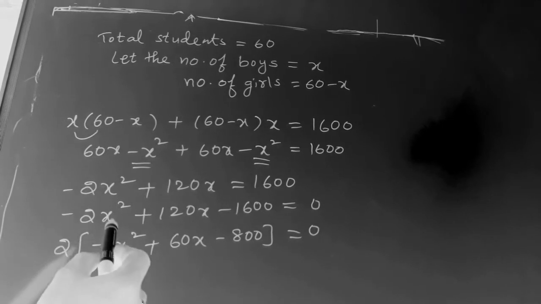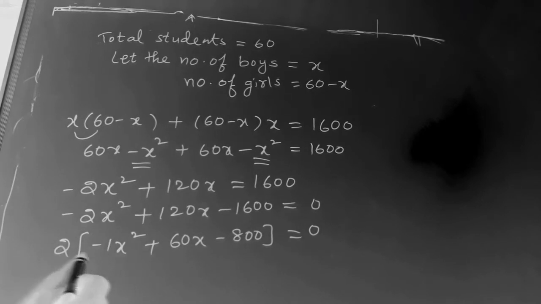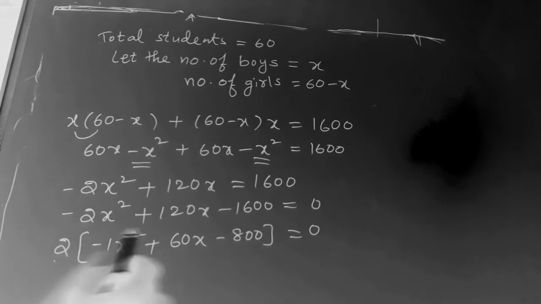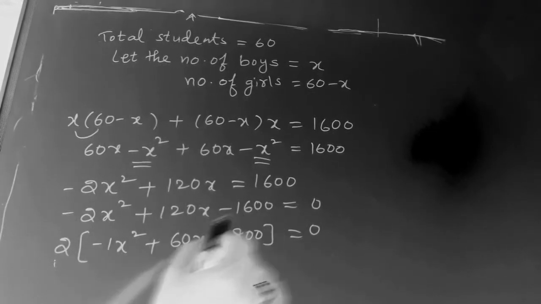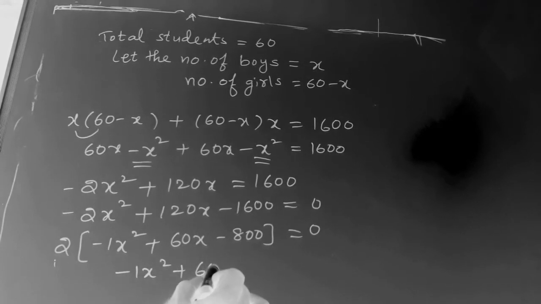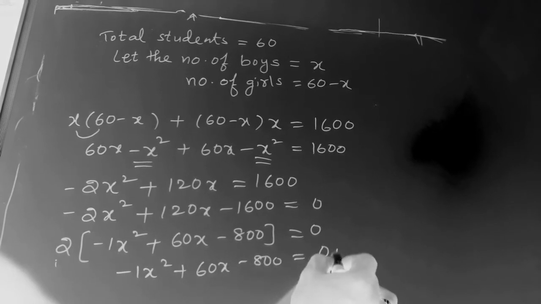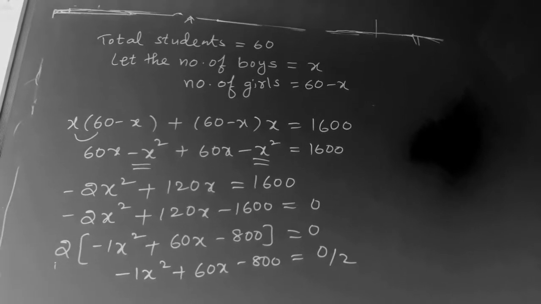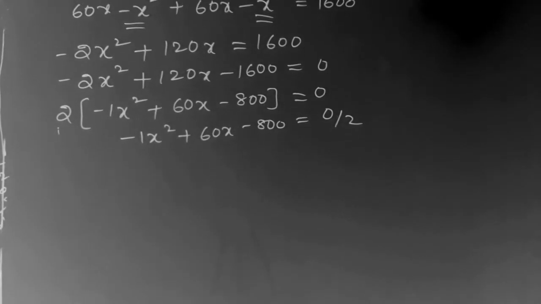I hope you understood this step. I am taking 2 common here. 2 is written outside, and 1 will be here. 2 into 1 is 2, 2 into 60 is 120, 2 into 800 is 1600. Finally, sending this 2 to the right side, 0 by 2 is again 0.